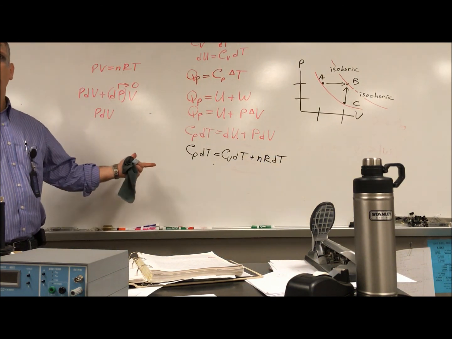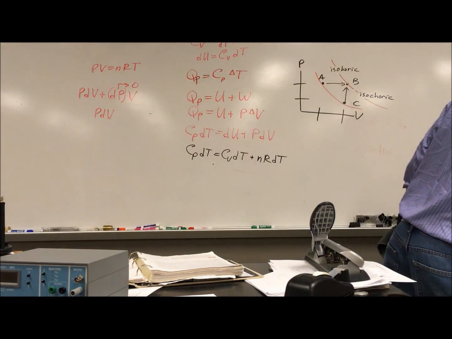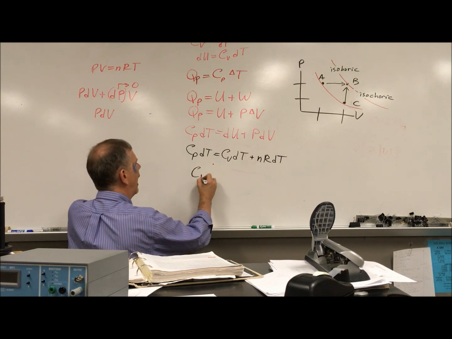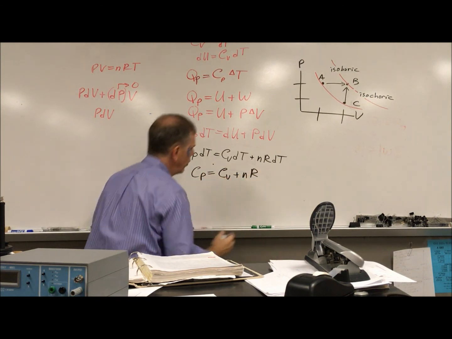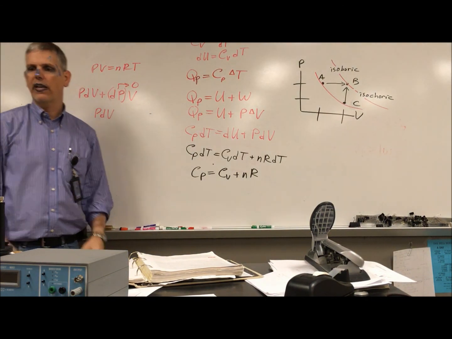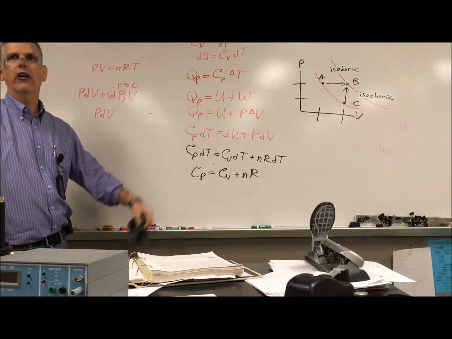And what do we see everywhere? We see the dT's, so they can disappear, and that gives us a glorious result: CP equals CV plus nR, which shows us that CP is bigger than CV for any ideal gas by a value of nR.